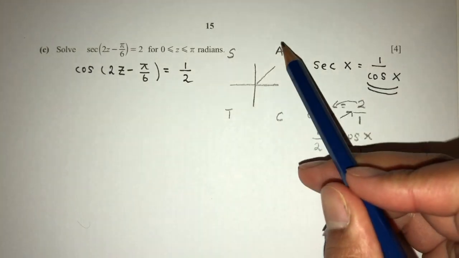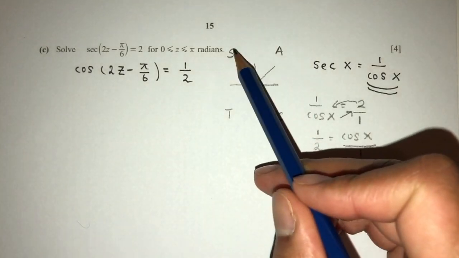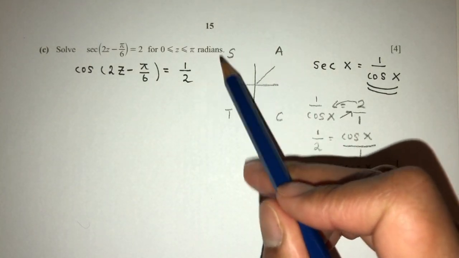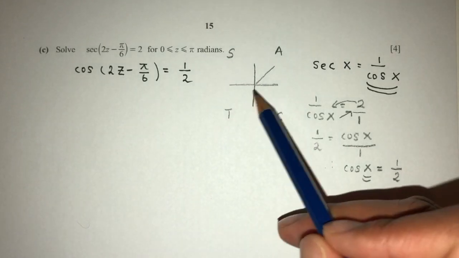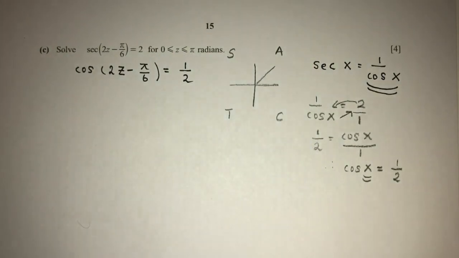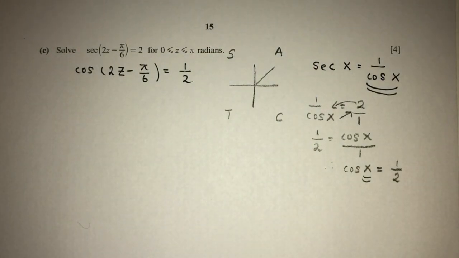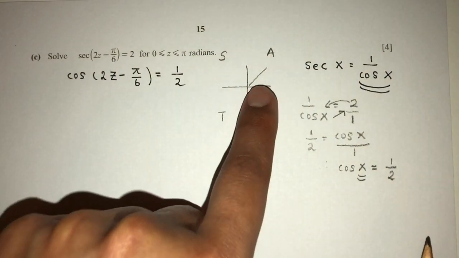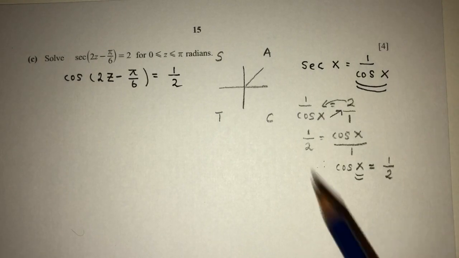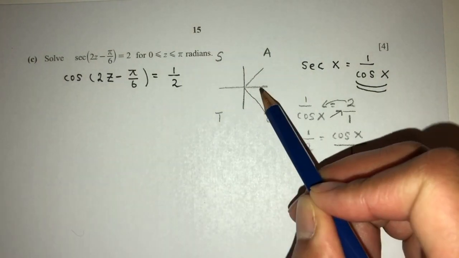Now A is all, all is positive. In this quadrant it is S, sine is positive. In this quadrant tan is positive, and in this quadrant cos is positive. So A, S, T, C will be the values that define which quadrant will be positive. Now as you can see, cos is positive, so first it will be in A, and then it will be in this one.